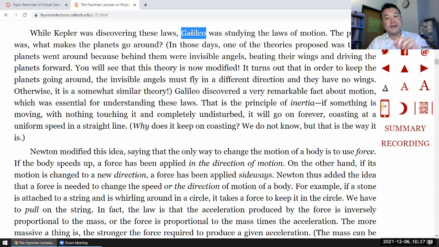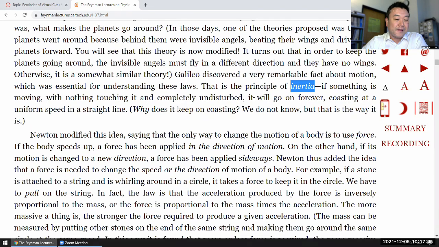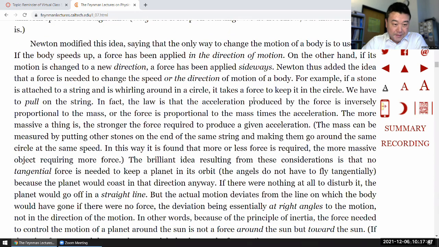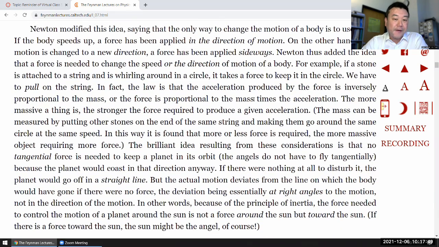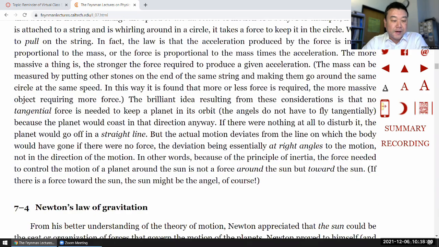He comes before Galileo, and so we talk about Galileo more when we talk about inertia, the principle of relativity, and that stuff. Then Newton comes later, after Galileo and after Kepler, and Newton's laws of motion are what we spent quite a bit of time working through this semester, and this is what he describes.